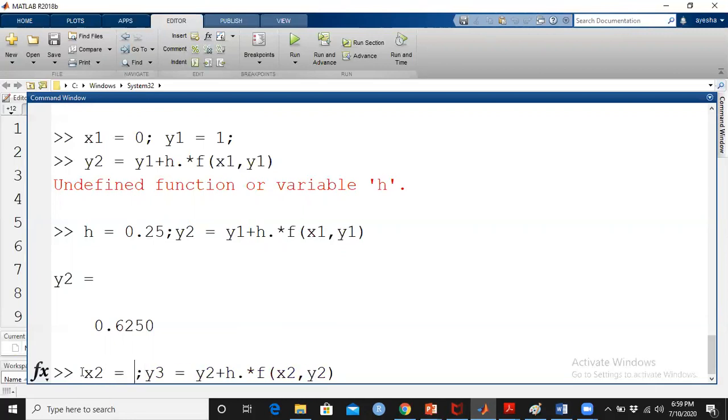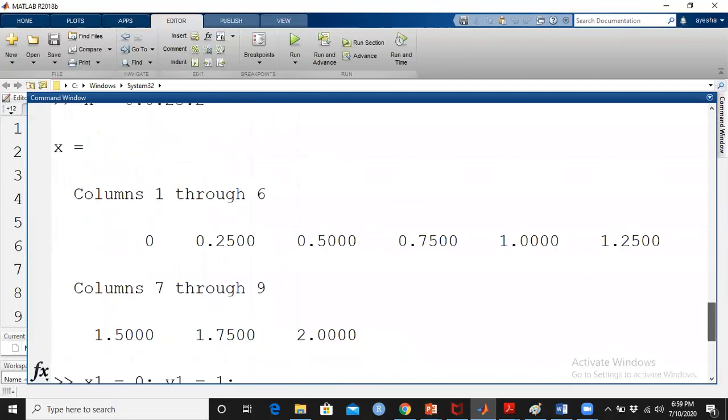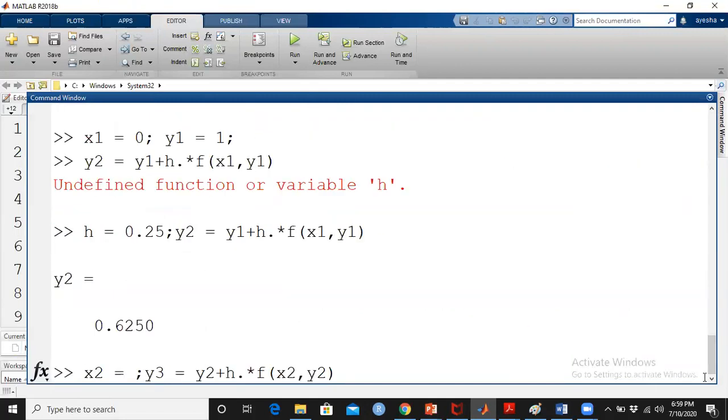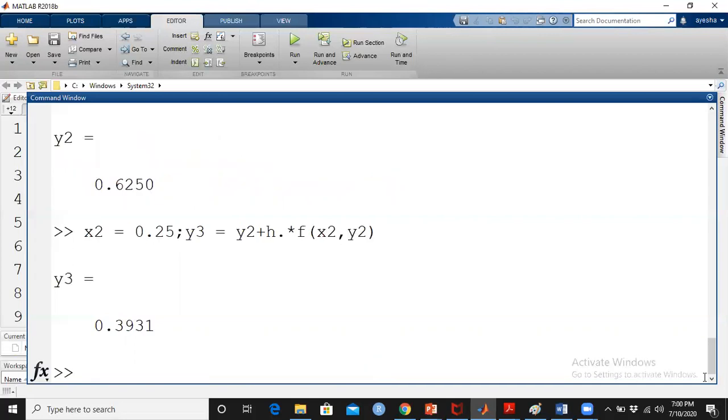What is x2 this time? x1 was 0, x2 was 0.25. The step size changed, that's why. So 0.25 is x2, and then y3 is y2 plus h times f of x2, y2, right?